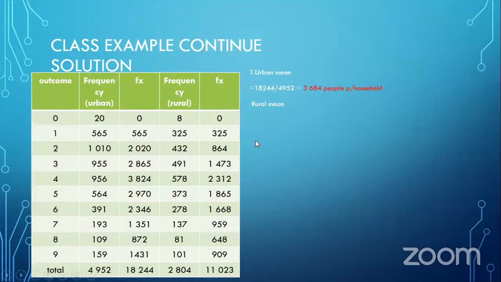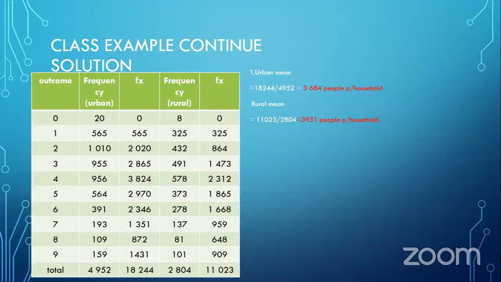Tell me your calculation, so that we can correct you. 11,023 divided by 2,000.